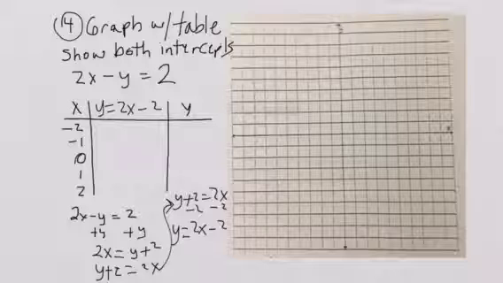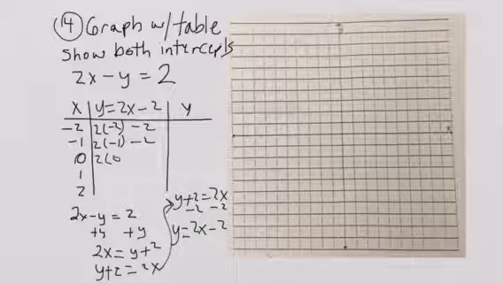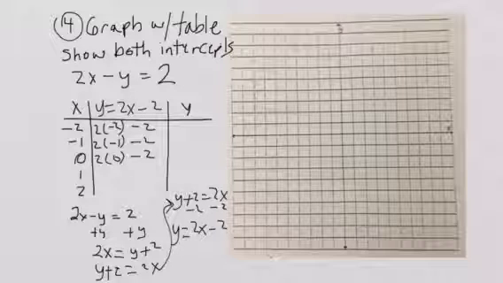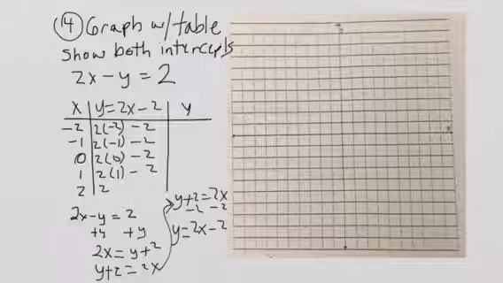We're going to go ahead and create our function table. So 2 times negative 2 minus 2. 2 times negative 1 minus 2. 2 times 0 minus 2. 2 times 1 minus 2, and 2 times 2 minus 2. So we have negative 4, add a line, change the sign, plus negative 2 is going to be negative 6.